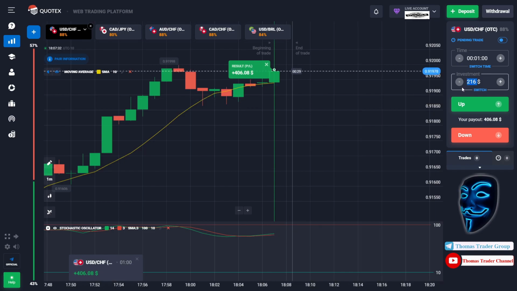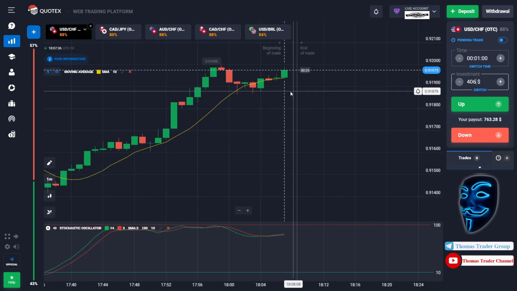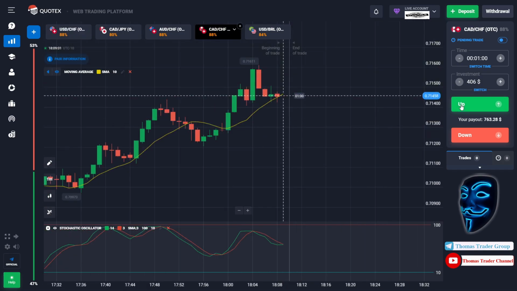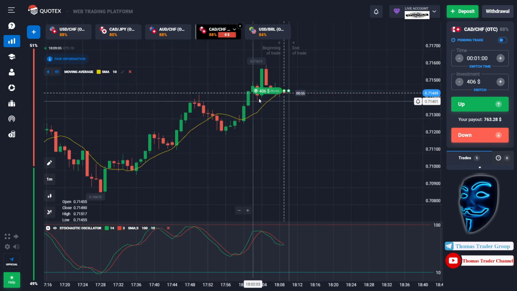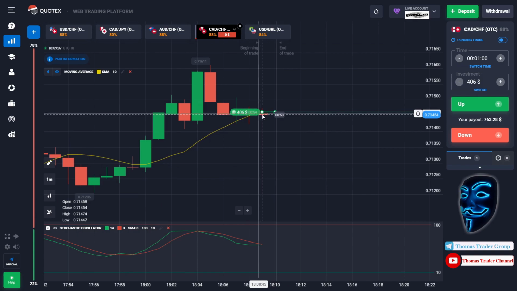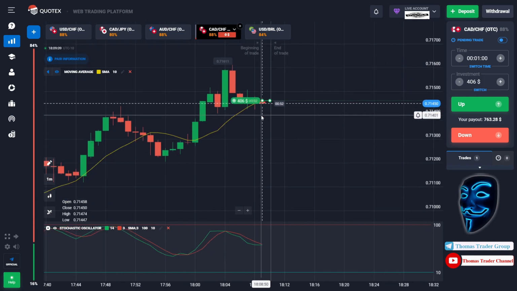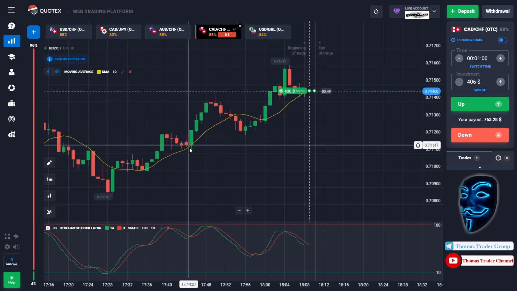Let's change our investment into $406 and let's find the other market. And over here we can open buy for 1 minute because as you can see, the market is going bullish and the market has already touched the moving average area. When the market touches the moving average area, it will make a rebound.